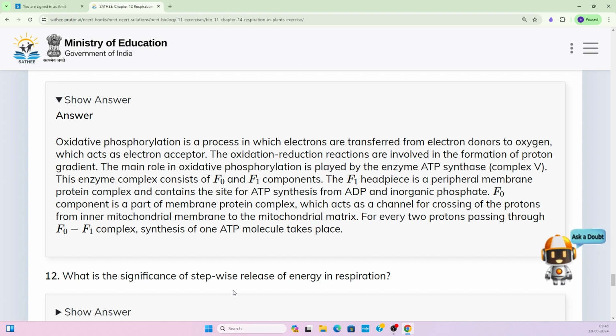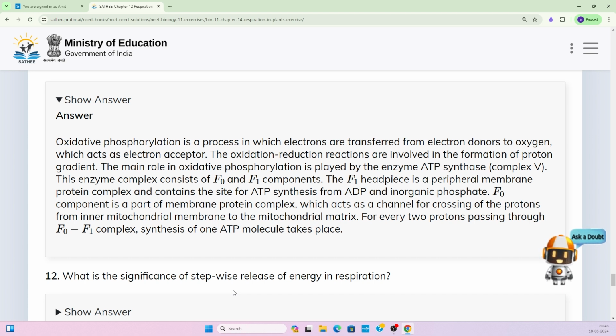The oxidation-reduction reactions are involved in the formation of the proton gradient. The main role in oxidative phosphorylation is played by the enzyme ATP synthase, that is complex 5.